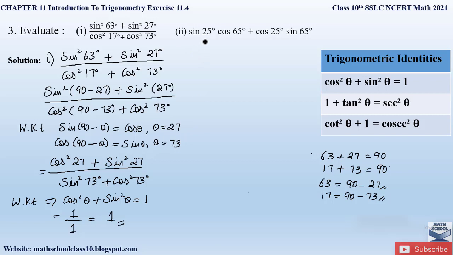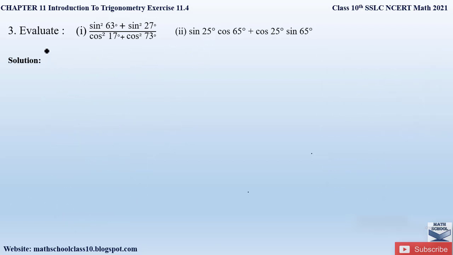Similarly, let us solve the second part of the question. The second part of the question is given as sine 25 degree into cos 65 degree plus cos 25 degree into sine 65 degree. So again we are going to apply the same method as we did for part 1 of the question. So to find out the value of sine 25 and cos 65, we have to take the complementary angles again.